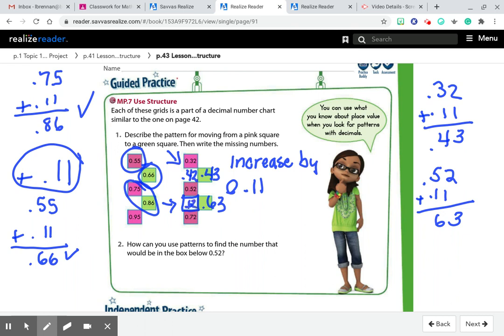So we're increasing in the tenths there, and the hundredths are staying the same. So we're going to say it is 0.62 will be my answer. And how could you use the patterns? You can say the tenths is plus 1/10, and the hundredths stay the same.